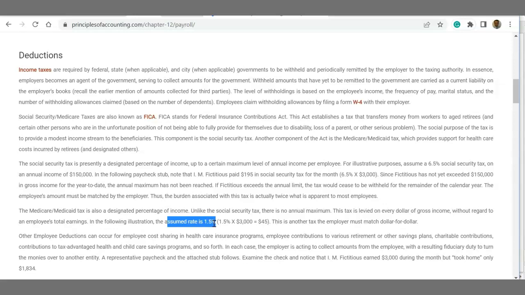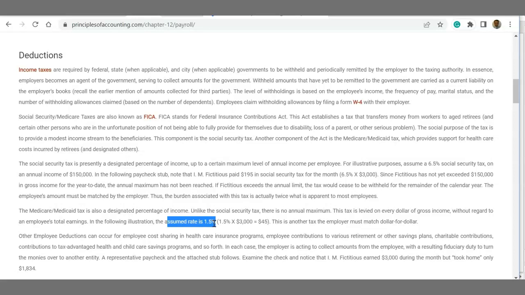So what it means is this: if you are an independent contractor and you made, let's say, $1,000 from, let's say, delivering some food for Uber Eats, or whatever.